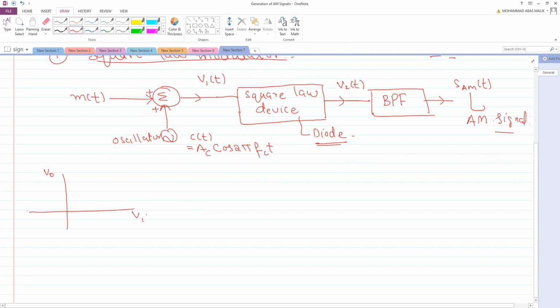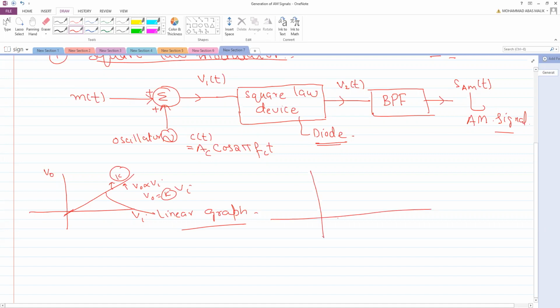If the graph is like this, then you will say that output is directly proportional to input, and it's equal to some constant k, which is the slope of this graph. This graph will be called a linear graph.